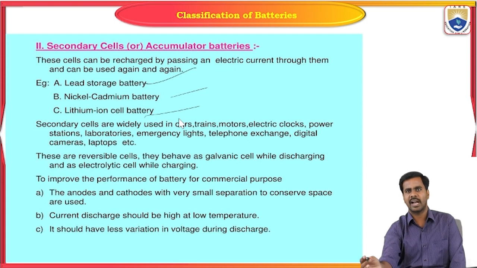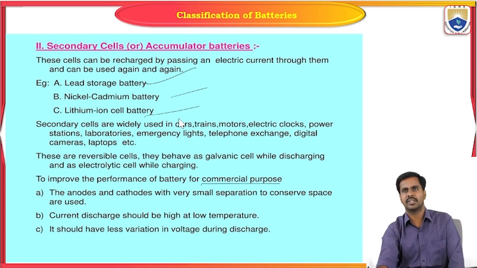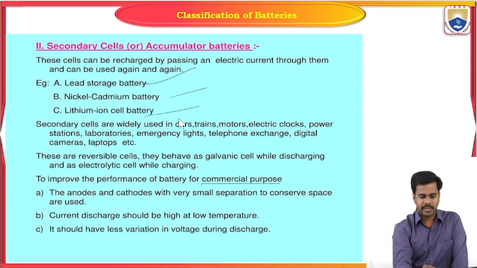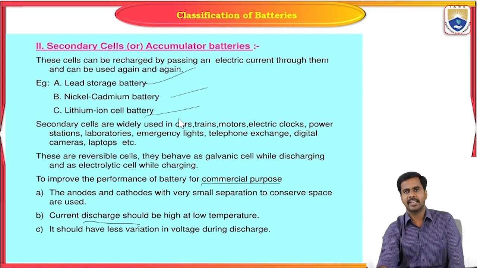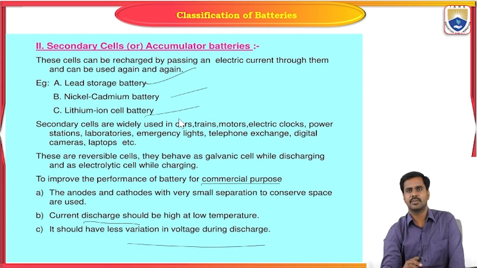That means it converts electrical energy into chemical energy. To improve the performance of these batteries for commercial purposes, anodes and cathodes with very small separation to conserve space are used. Current discharge should be high at room temperature. It should have less variation in voltage during discharge.